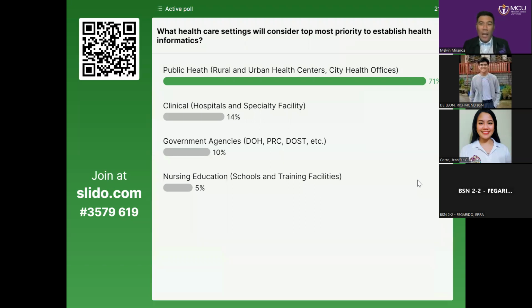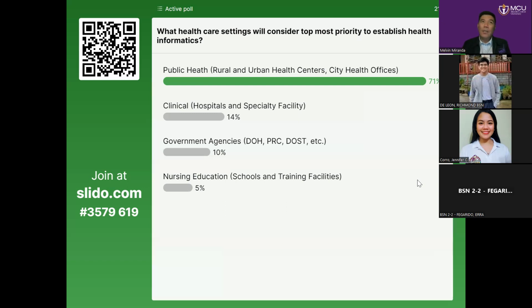So it really took time on the processing because again, a long queue is expected in these agencies. So the processing itself of the PhilHealth benefits will be longer than the usual that we expected, if PhilHealth will not establish a strong health informatics system. So yes, PhilHealth.